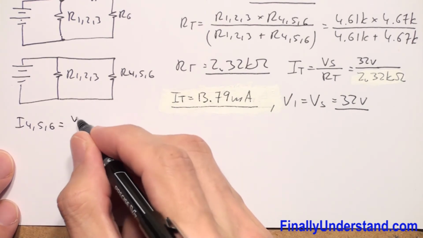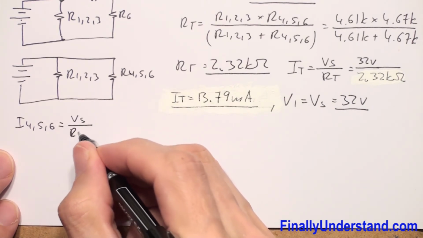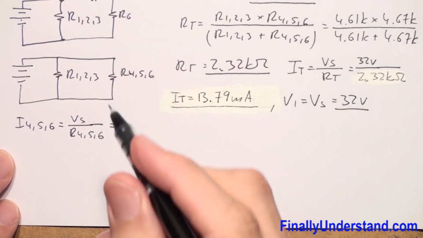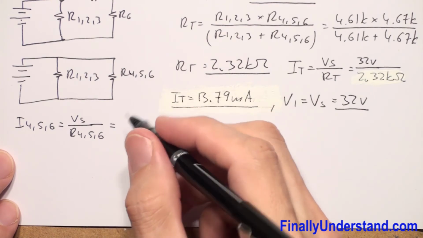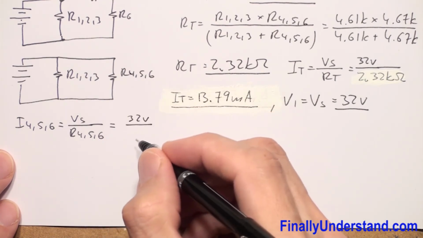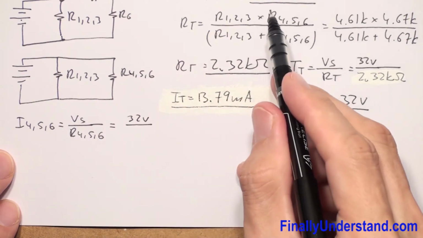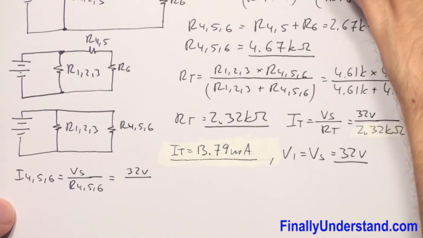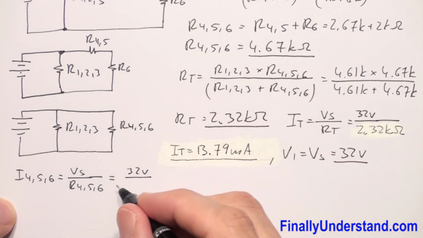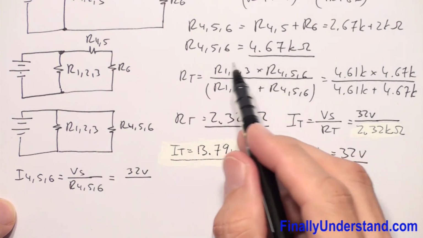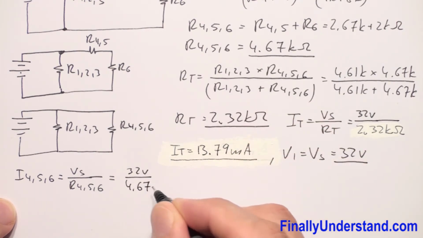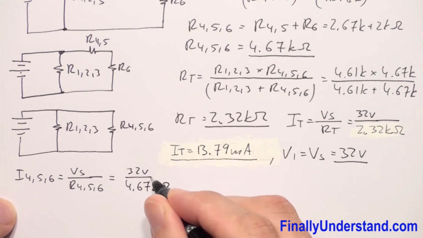I456 is equal to the voltage source over R456, where the voltage source is equal to 32 volts over R456. We found over here that R456 is equal to 4.67 kilo ohms.